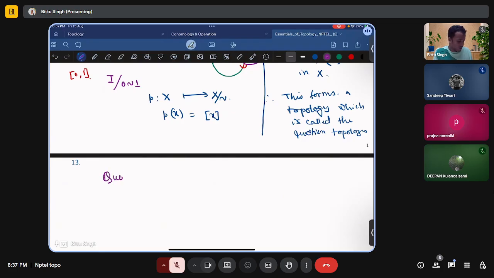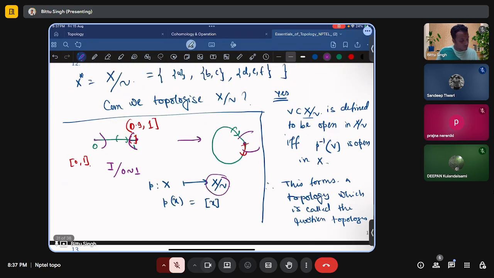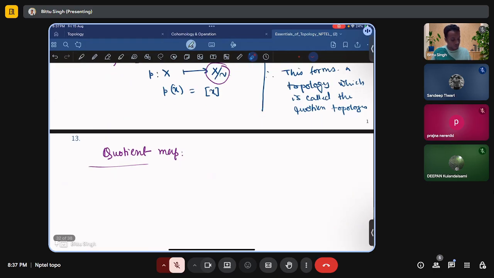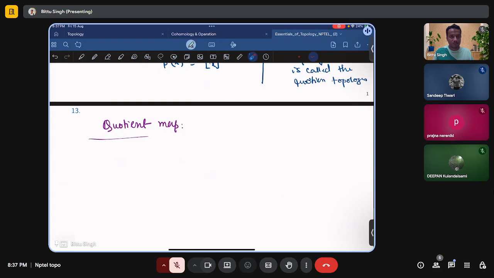First we can define the quotient map. So this is the whole story of quotients. We also need to identify this X modulo the relation. From the picture it is clear this space becomes a circle, but we need to identify it mathematically. So this is the next step, how we can identify it.